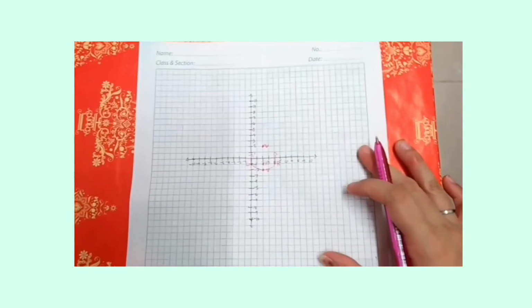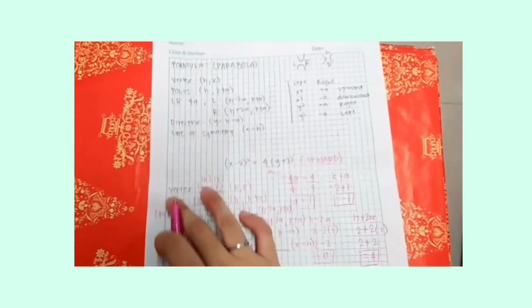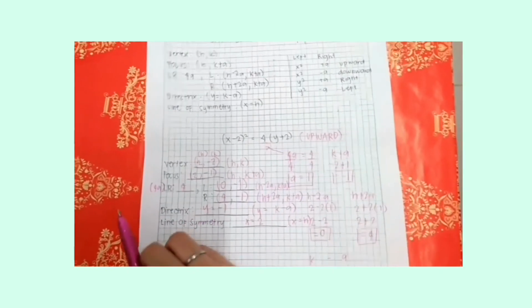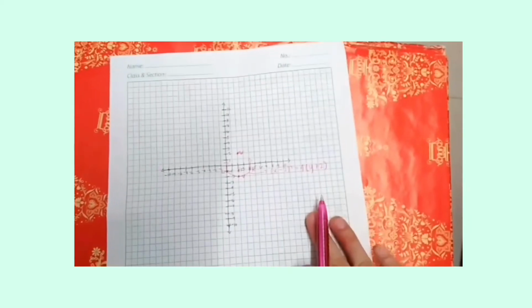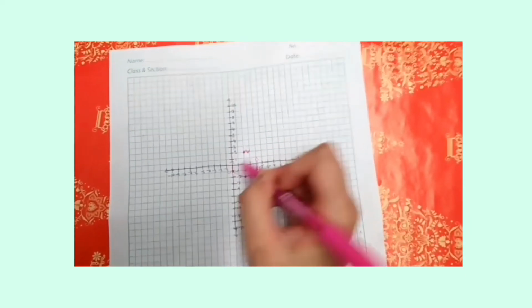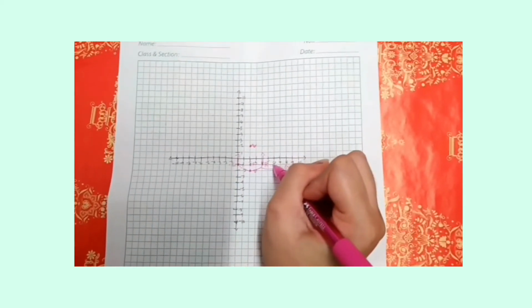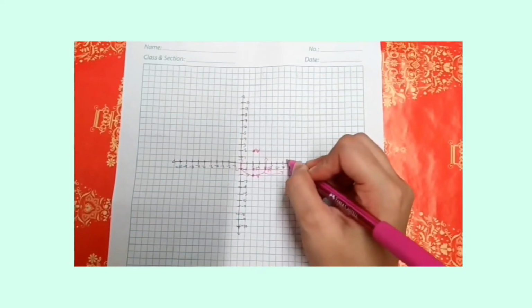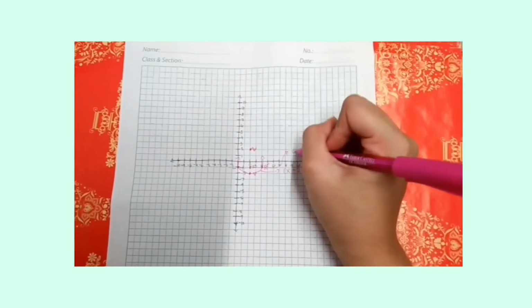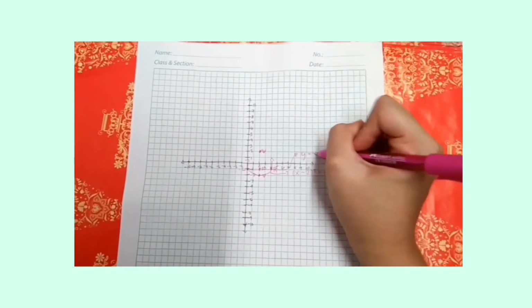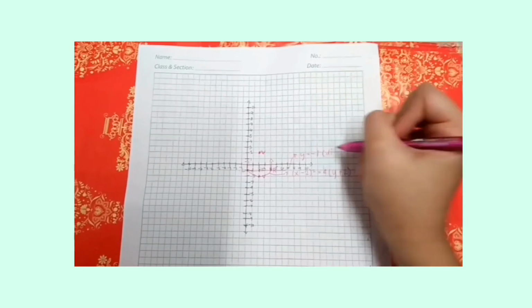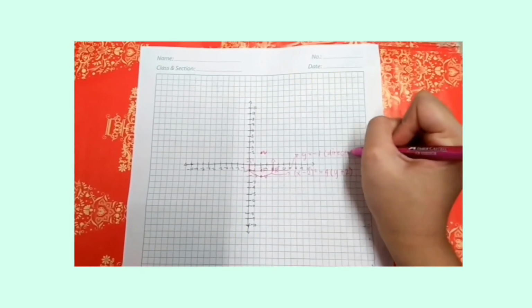So the opening of our parabola is upward. Next is the directrix, which is y equals negative 1. So here is our y equals negative 1, which is the directrix.